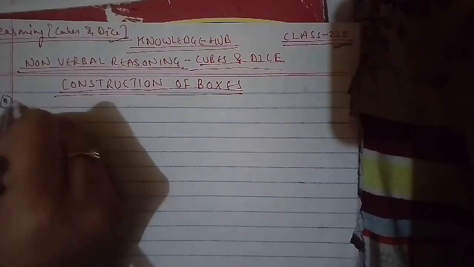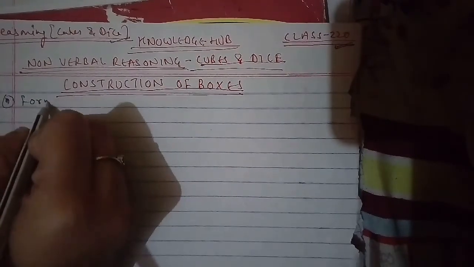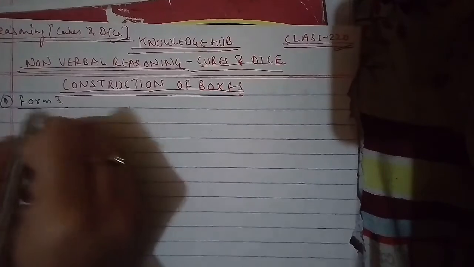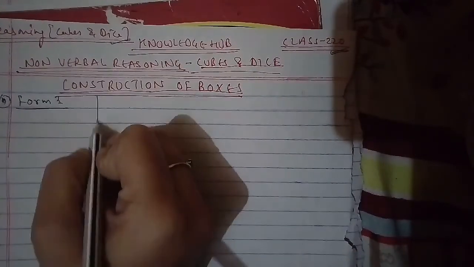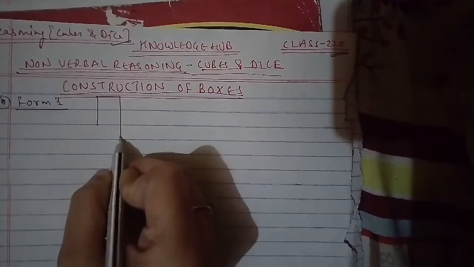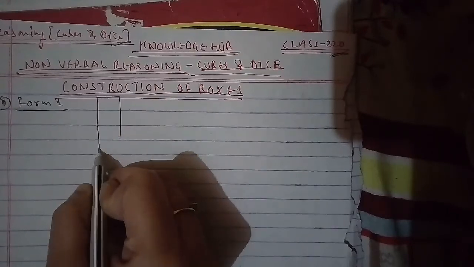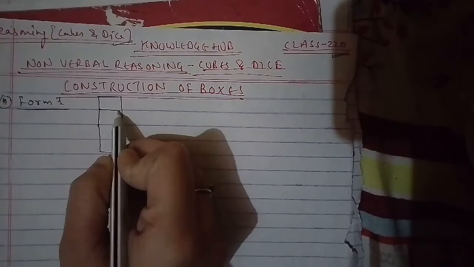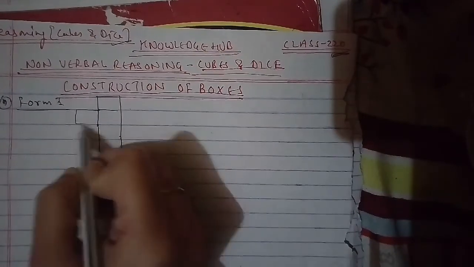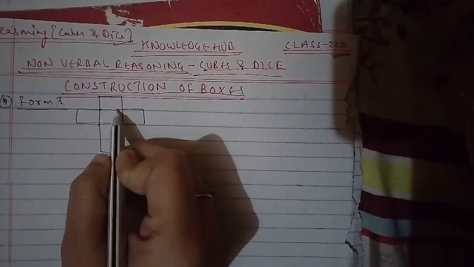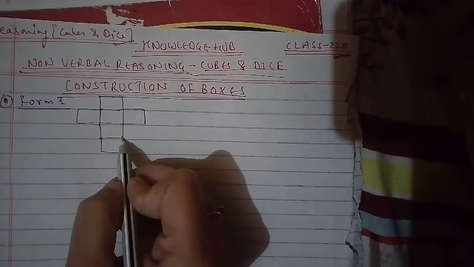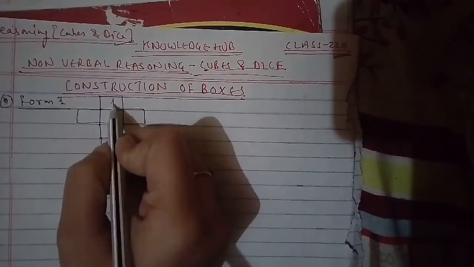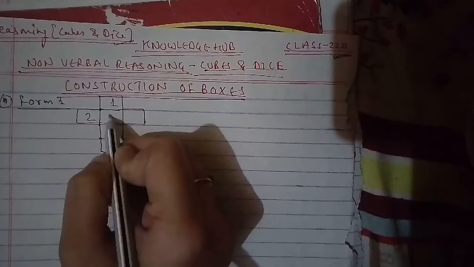So here we go ahead, talking about form 1. This is the first form. Okay, this has 1, 2, 3, 4, 5 and 6.